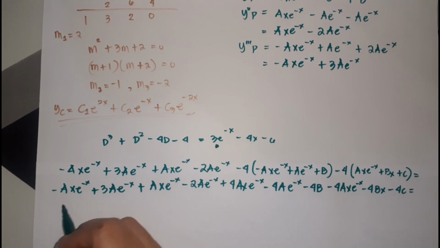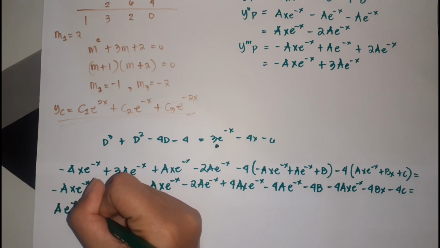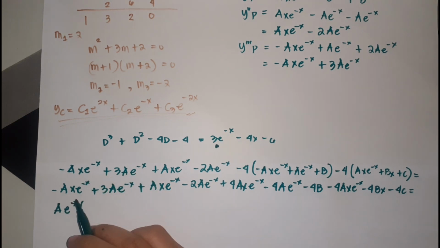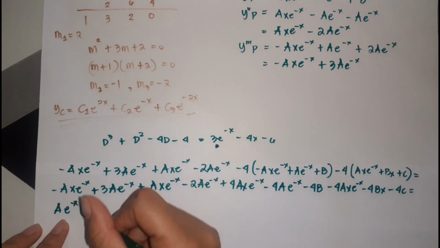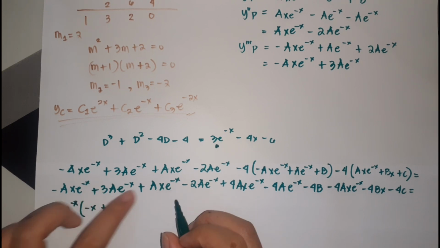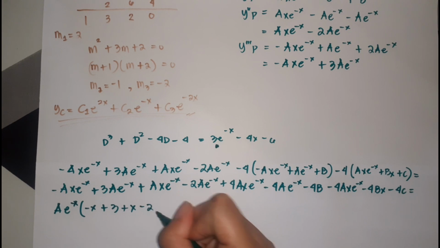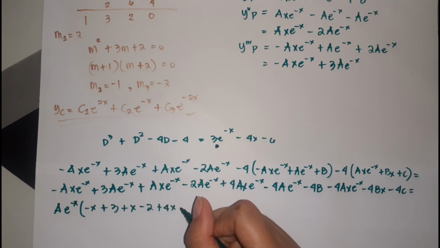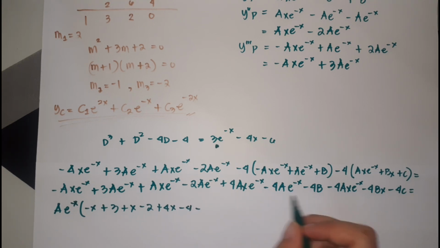Next, we can write a e raised to negative x times the constants: negative x plus 3 plus x minus 2 plus 4x minus 4 minus 4x.